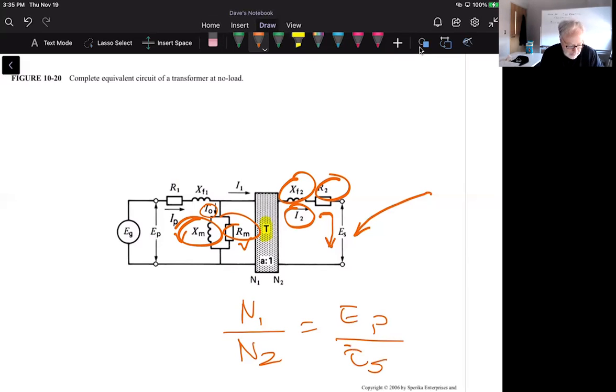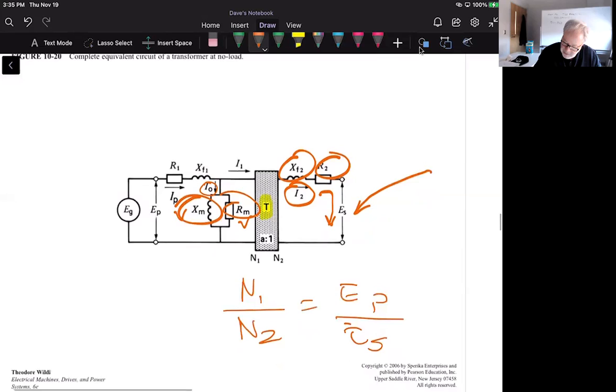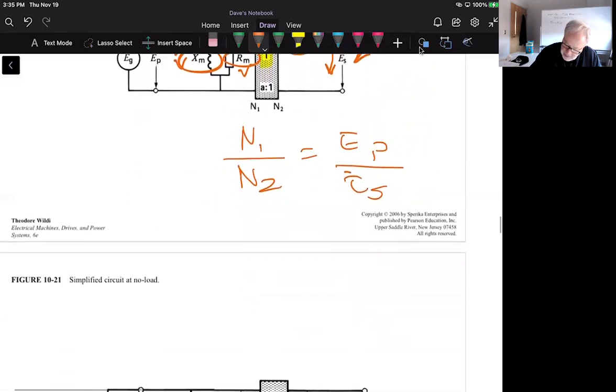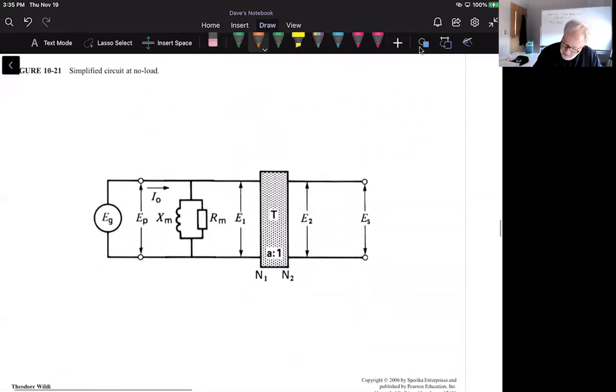Okay, and so what we can do, he tells us, is we can view a simplified circuit that is the no load representation shown here. Since there's no current in these, we don't really need to account for them.